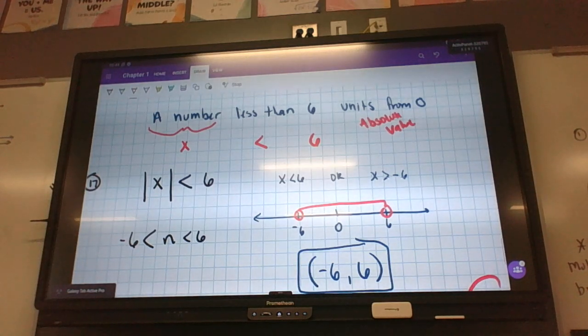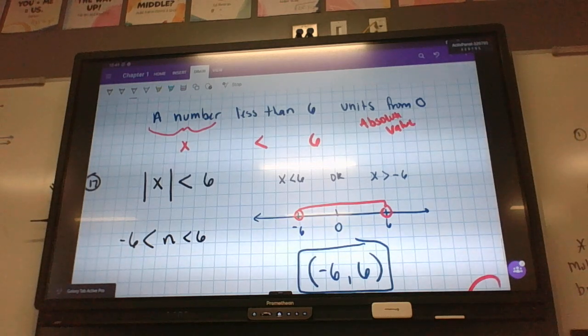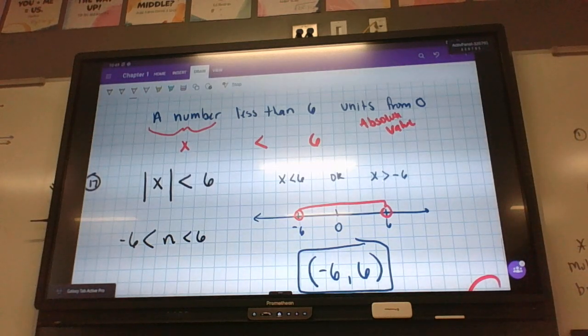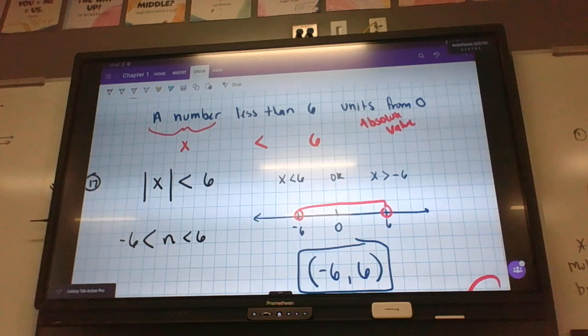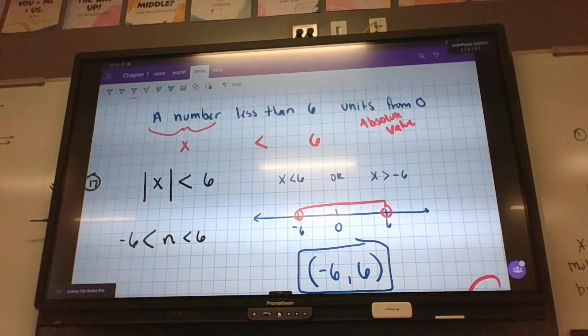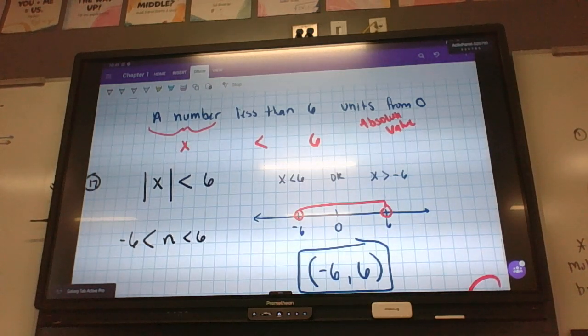Questions on that one? All right, let's move on then. We're skipping 1.5 and we're going to 1.6. So we're gonna go to page like 77 or something.